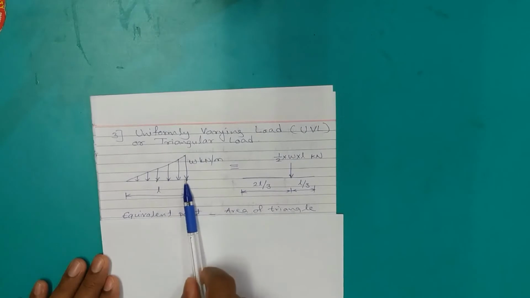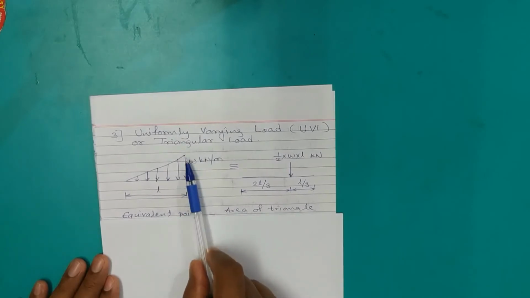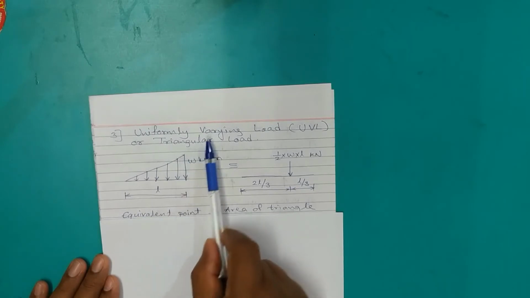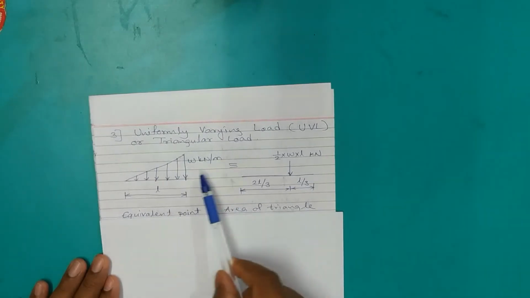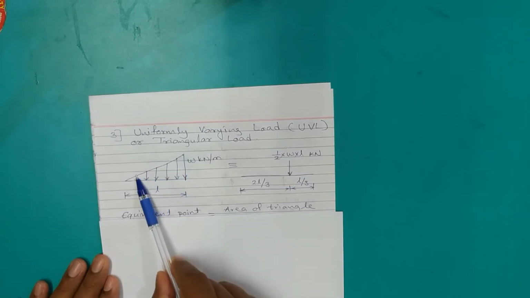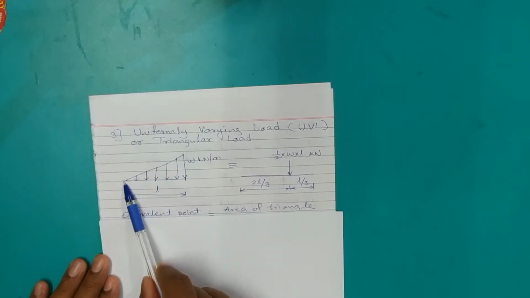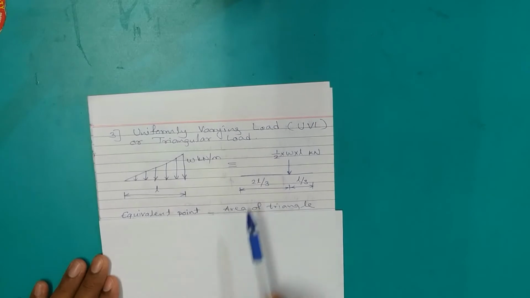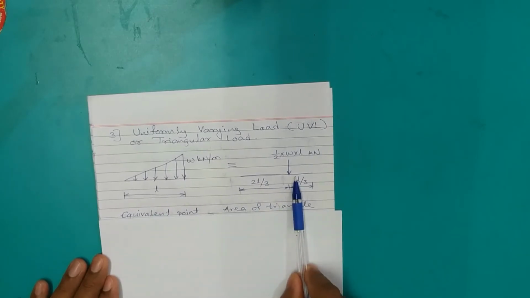If L is the span and W is the maximum intensity at one end, the intensity goes on varying, that means changing uniformly. It goes on decreasing continuously, and at one end it becomes zero. So this is the right angle triangle formed by the loading.